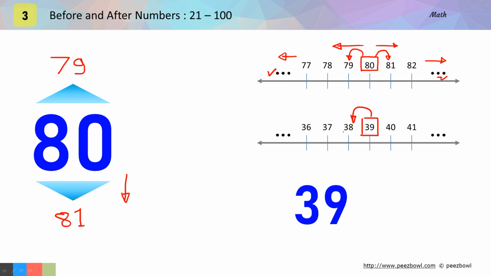Remember, we need to move left to get the before or smaller number. I will write 38 before 39 here, and the number after 39 is 40. I will write 40 after 39 here. Remember that we need to move right to get the bigger number.